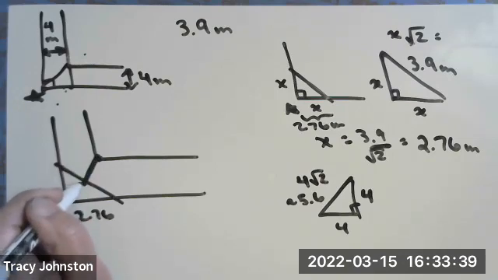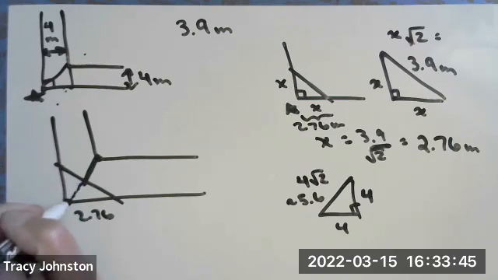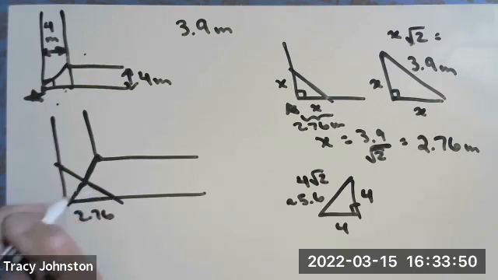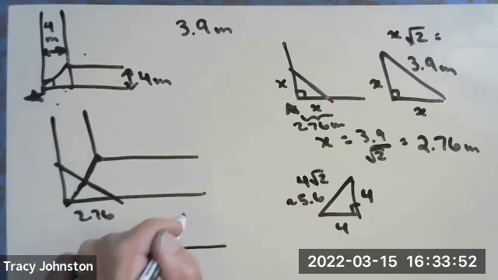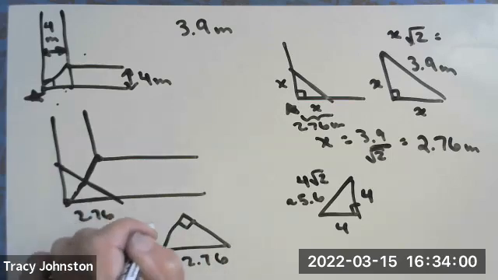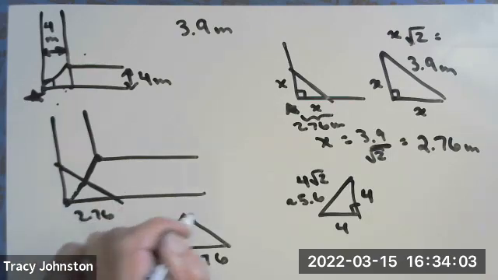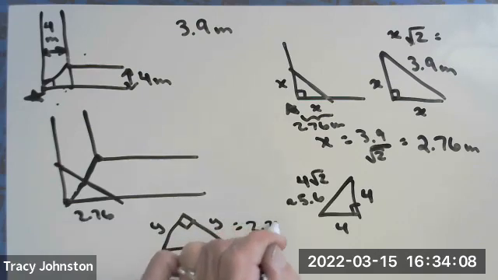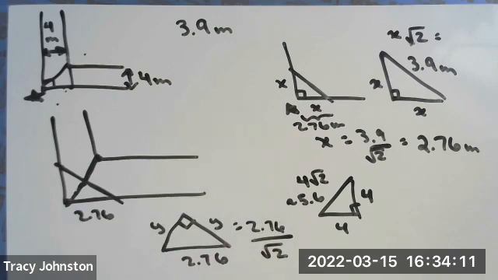So what we need to do now is recognize that if I draw this diagonal all the way through, we get a right isosceles triangle here with the hypotenuse being 2.76 meters, and these legs, we'll call them y. And so y is going to be 2.76 meters divided by the square root of 2, which is about 1.95 meters.